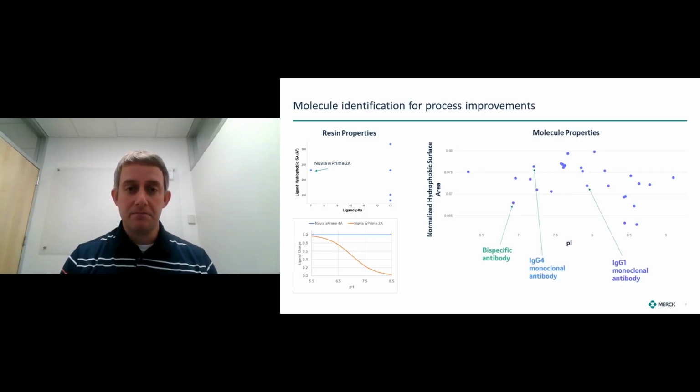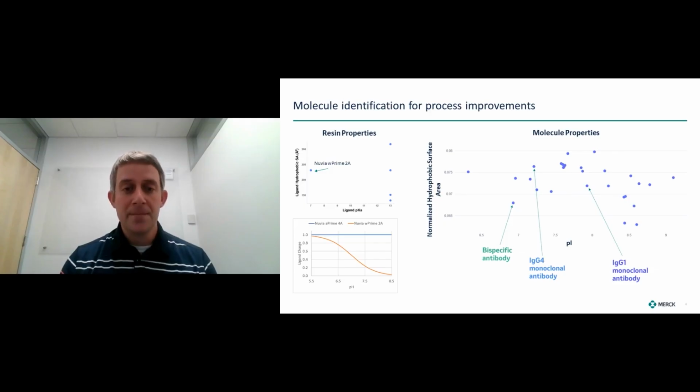So then piggybacking off of that, looking at properties of some different molecules in our pipeline that would be interesting. The scatter plot shown here has determined isoelectric point on the x-axis, and then the y-axis is a normalized hydrophobic surface area, so a percentage. What's shown there is a variation of mAbs and mAb-like molecules, but in this case, we picked out three particular ones that were of interest.